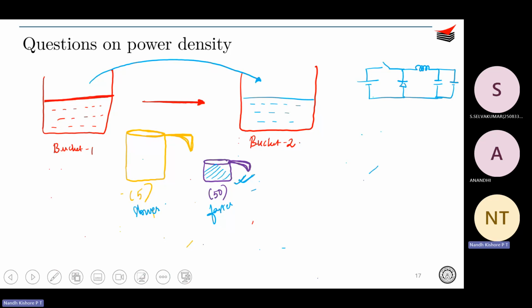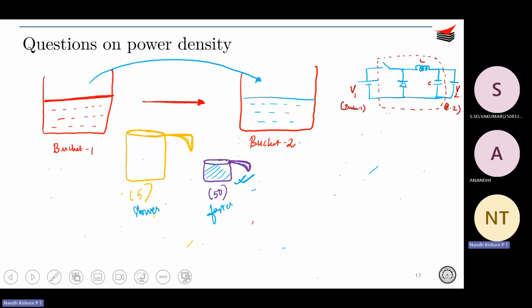So this is your power conversion stage, this switch and then L and C. This is V1, this is V2, or this is your bucket 1 and this is bucket 2.